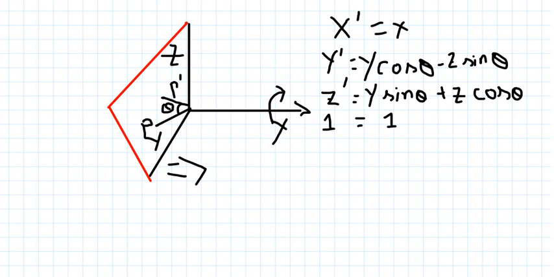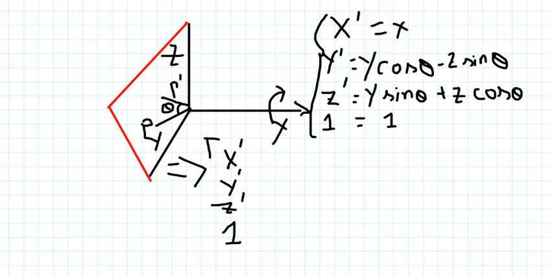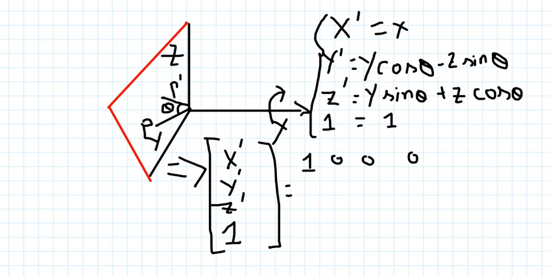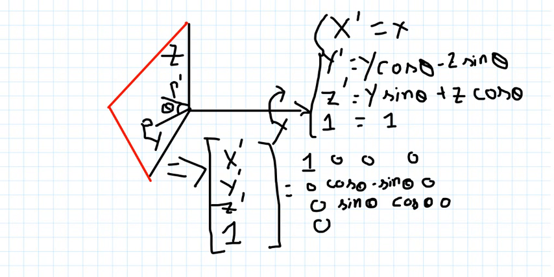So if you convert these equations into a single equation in matrix form, your rotation matrix will be something like: 1 0 0 0, 0, cos theta, minus sin theta, 0, 0, sin theta, cos theta, 0, 0 0 0 1. The last row is for the homogeneous coordinate system introduction.